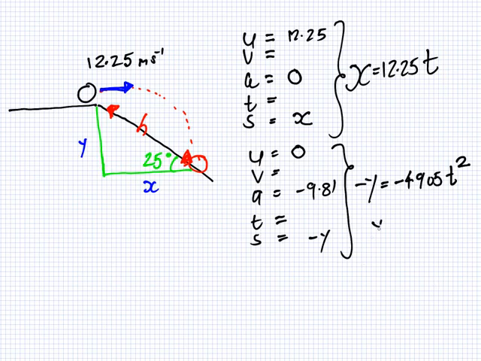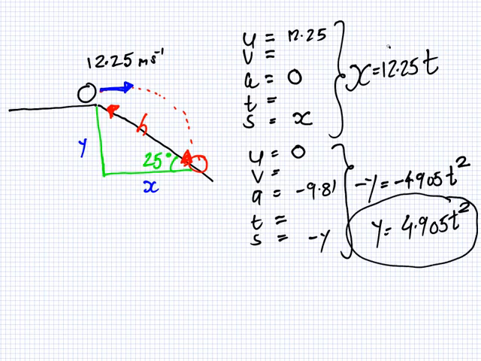So I get Y equals minus 4.905 T squared. So that's the y, and that's the x. So far, is that okay?